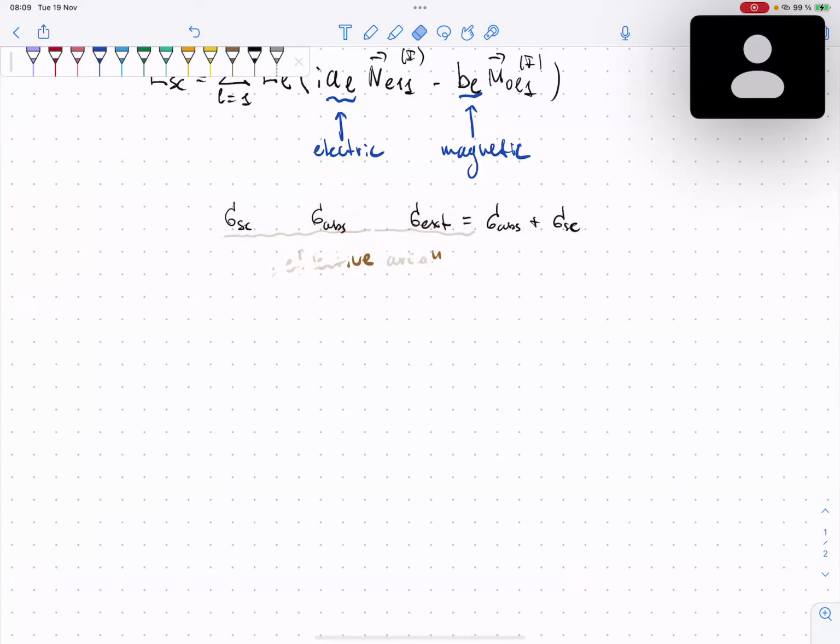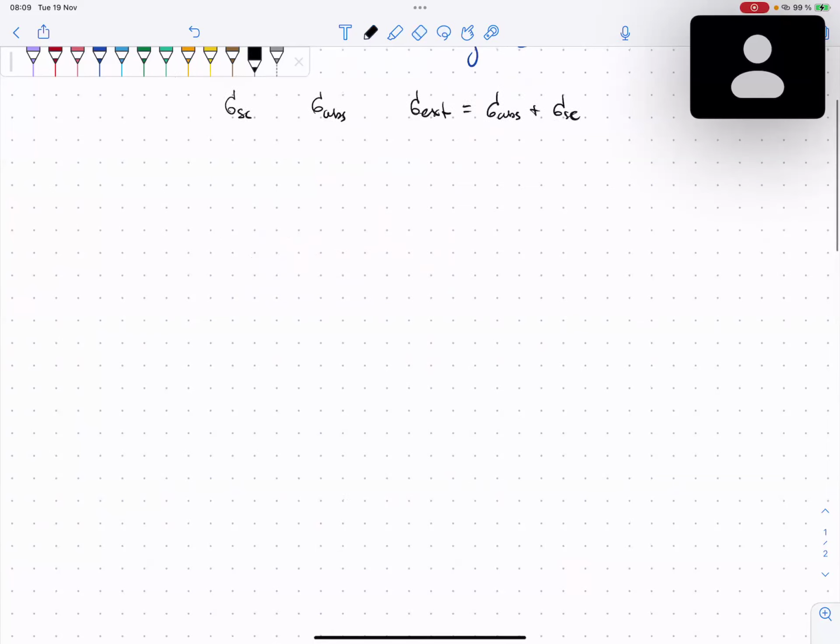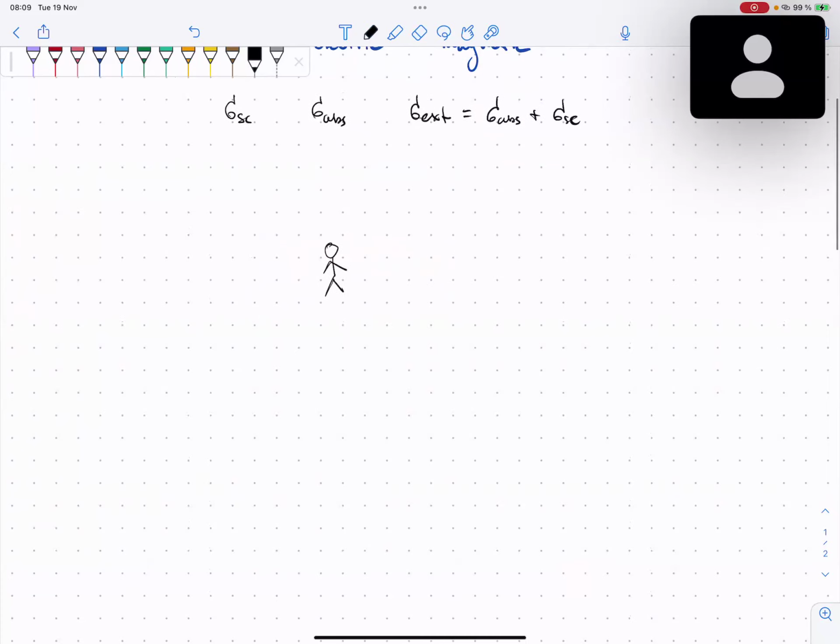We can introduce some mechanical analogy. For example, we are standing in the rain and we have an umbrella, a very big umbrella. Let's assume that at the top of the umbrella we have some hole that absorbs particles of the rain.